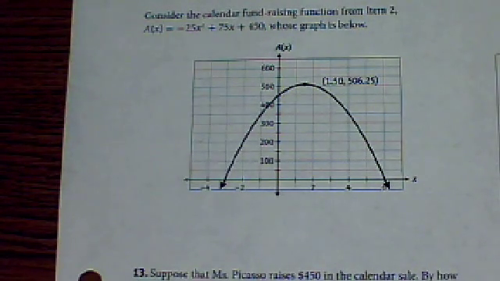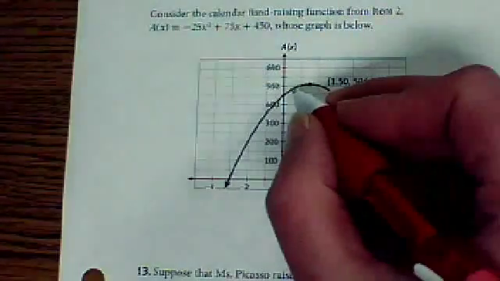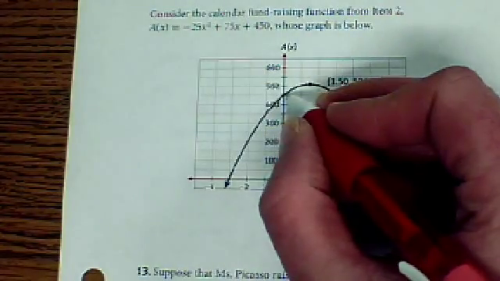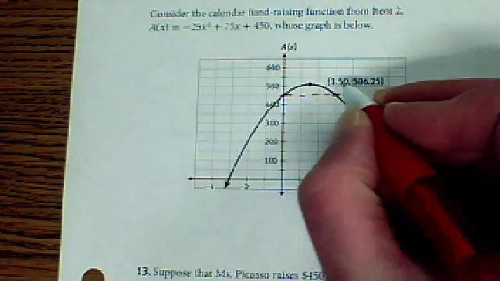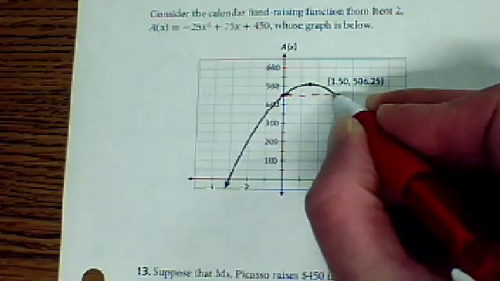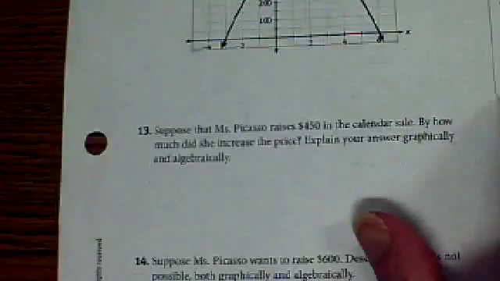Explain your answer graphically and algebraically. So the price increase, let's think about that, 450. If we look at it graphically, here's 450, and there are 2 points that have an output or an amount at 450.